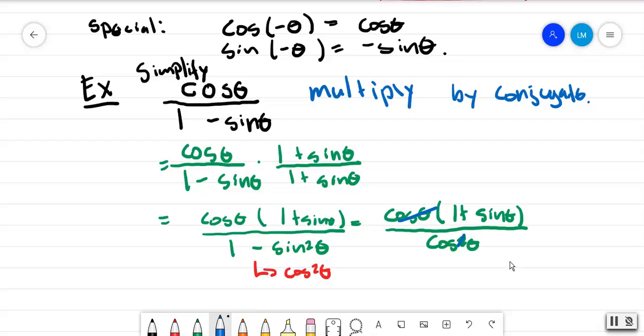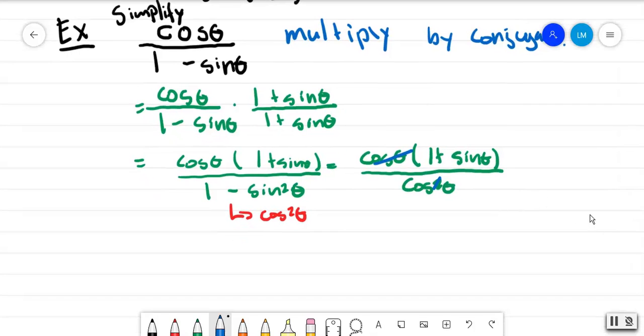So now I'm close to finishing the problem. So now I have that this is going to be 1 plus sine theta all divided by cosine theta.